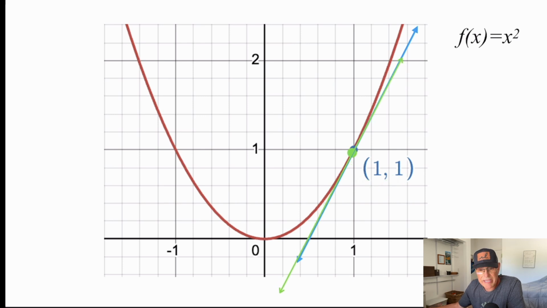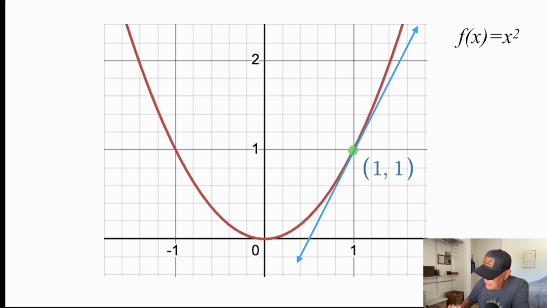Through limits, that variable point will never actually arrive at the fixed point, but it will get infinitely close. So hopefully it stands to reason that if the variable point becomes infinitely close to the fixed point, the slope of the secant line will become infinitely close to the tangent line.